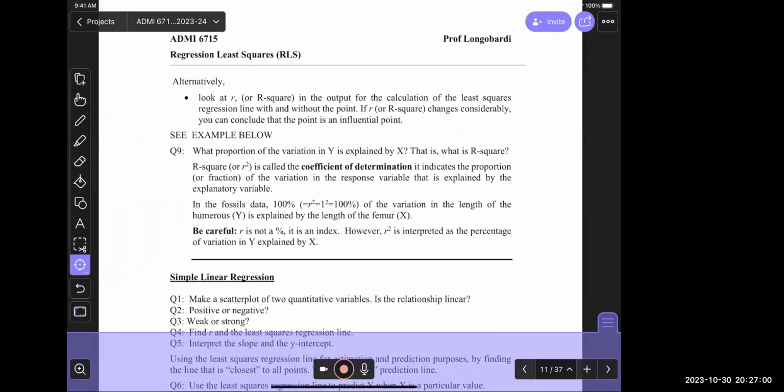Then this is just a discussion of the coefficient of determination. R squared is the proportion of the variation in the response variable y that is explained by the explanatory variable x. So x can be called the explanatory variable. What's another word for x?